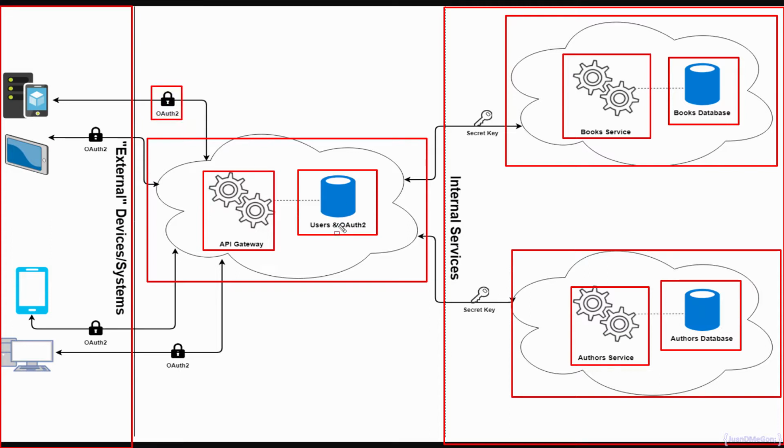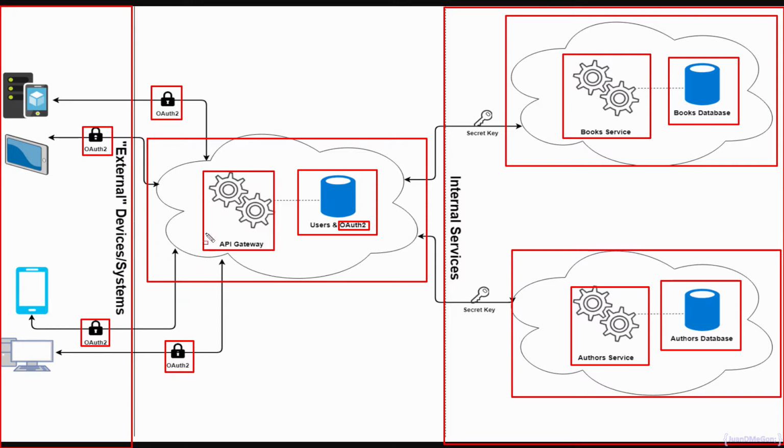That is the reason you have the OAuth 2 tables here, because you need to be sure who can and who can't consume your API gateway, and that can be done using OAuth 2. That means that every single system or device that wants to access your API gateway needs to be completely authenticated using access tokens from OAuth 2.